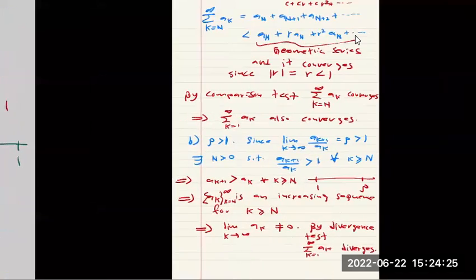Okay, let's do that. I'm going to take these two series. The first series is the sum from k equals 1 to infinity of 1 over k. The second series is the sum from k equals 1 to infinity of 1 over k squared.